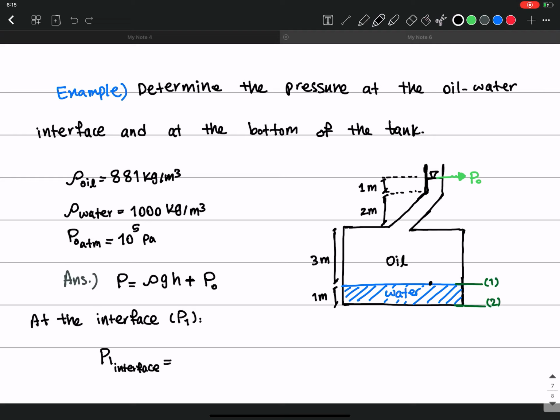And then you have the atmosphere. So you have two fluids on top of you, right?